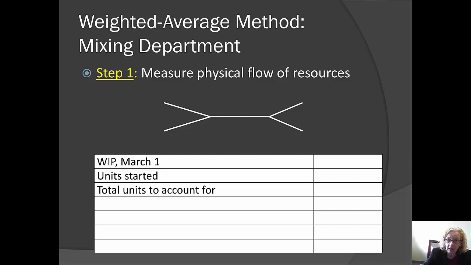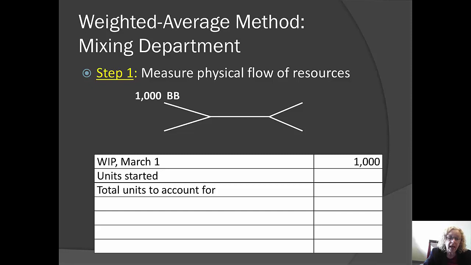Step 1 is to measure the physical flow of resources. I like to use this fishbone diagram to try to understand what happened in the mixing department during this period.